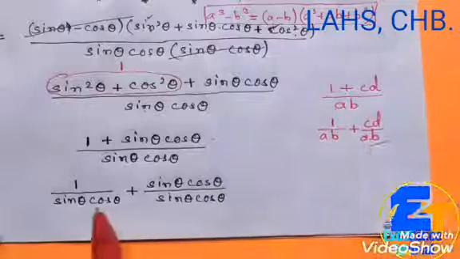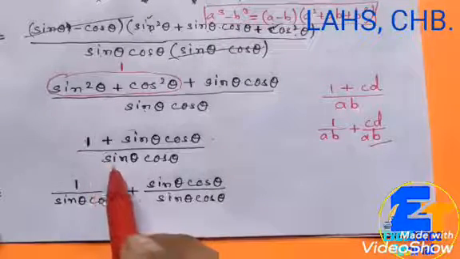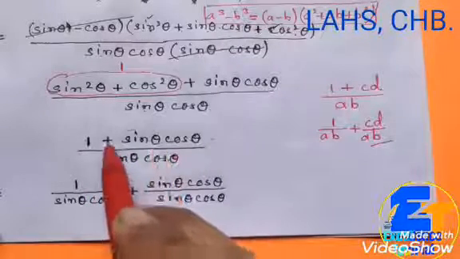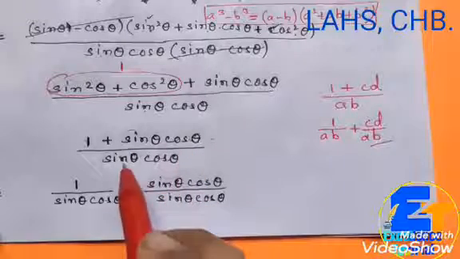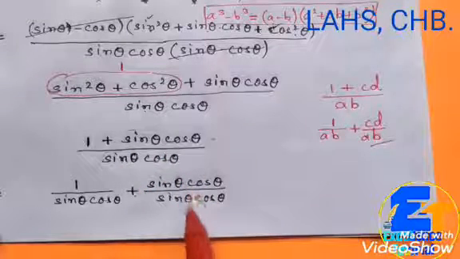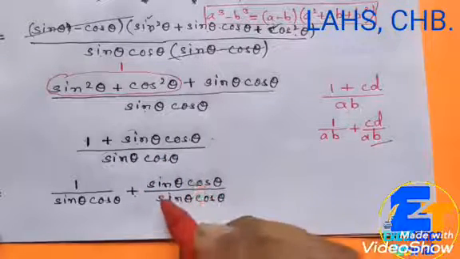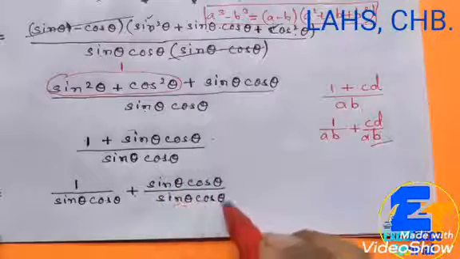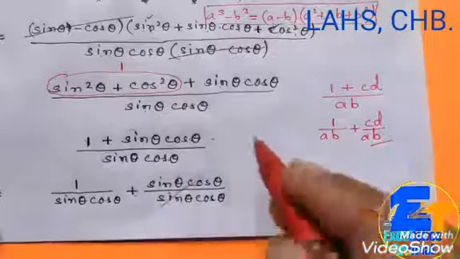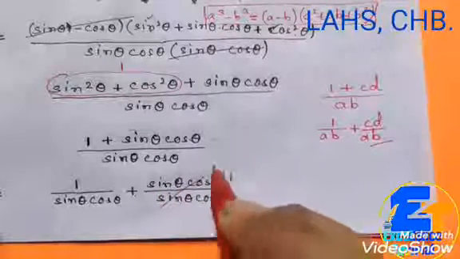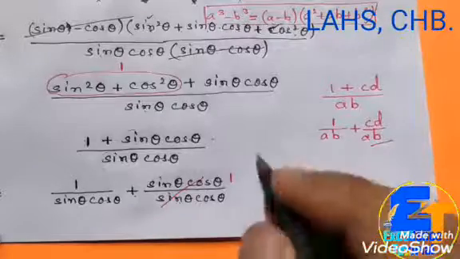In this way we have split these two. 1 by sin theta cos theta, again plus sign, sin theta cos theta by sin theta cos theta. See, if you do so, these two terms, numerator and denominator, both are matching, it will get cancelled, one is left here.